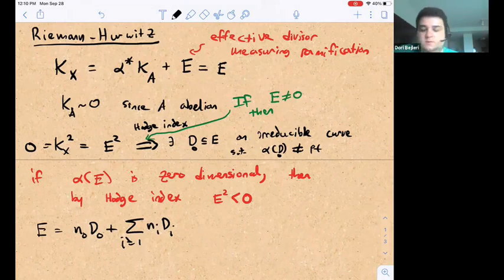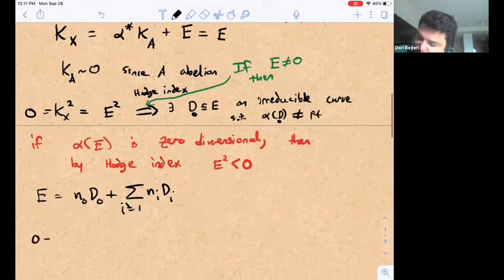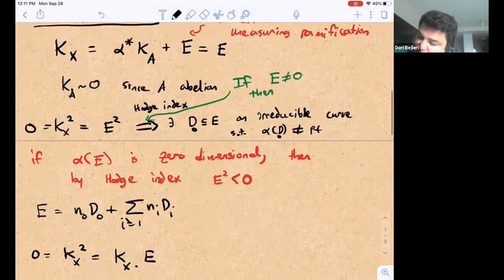Okay. So we have this E, and now let's just compute. So 0 is kx squared, which is equal to kx dot E, since kx is equal to E according to our formula.